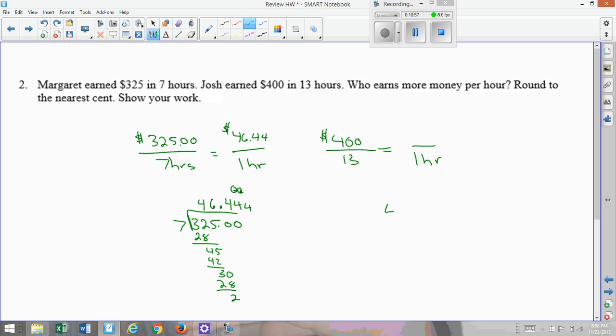This one is going to be 3, you get 39. Doesn't go into 10, so it's 0. Add our decimals. Goes into 100. Ooh, 9 times maybe? 8 times? 7 times? Let's try 7.